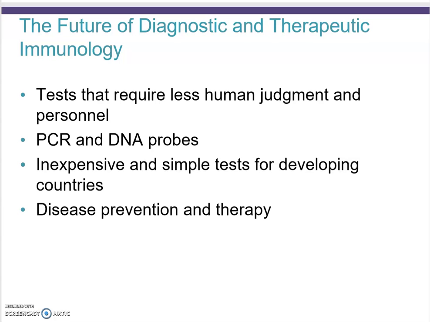So the tests require less human judgment and personnel, and especially PCR and DNA probes have proven very useful as a diagnostic and therapeutic tool. They're relatively inexpensive and a simple test for developing countries, so they can be used quickly and inexpensively.